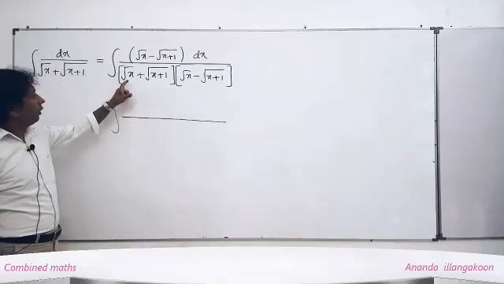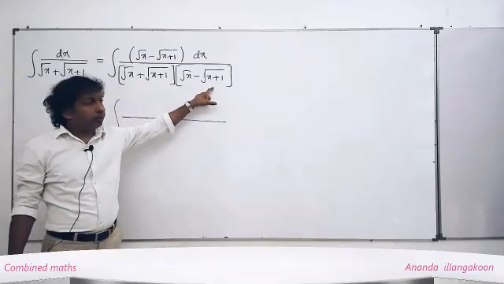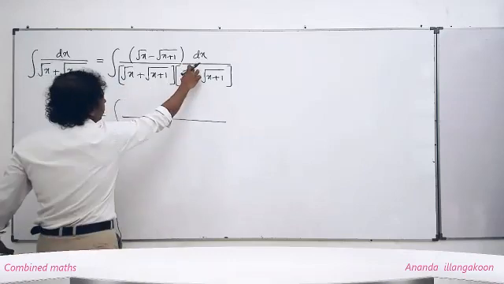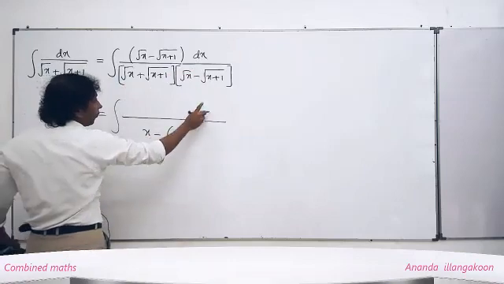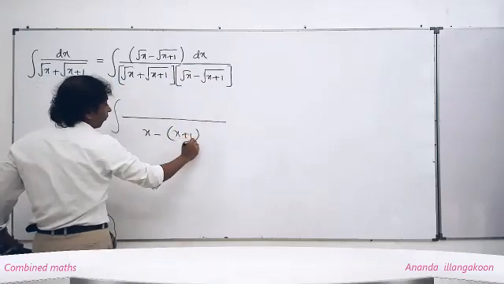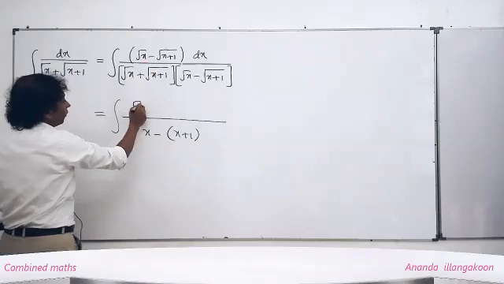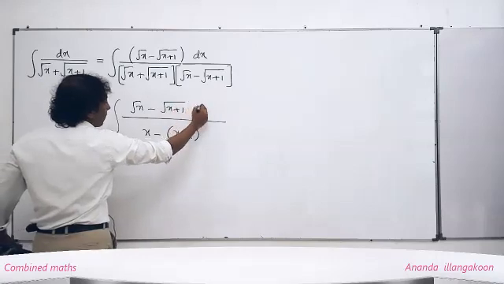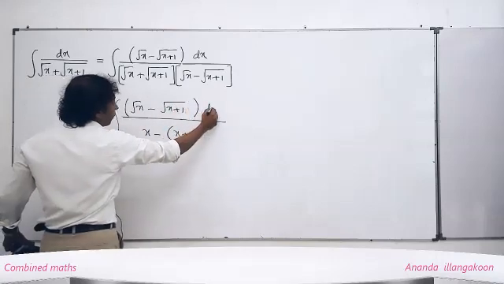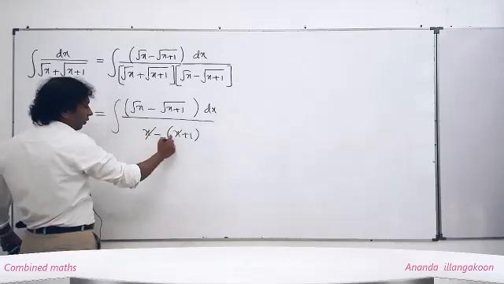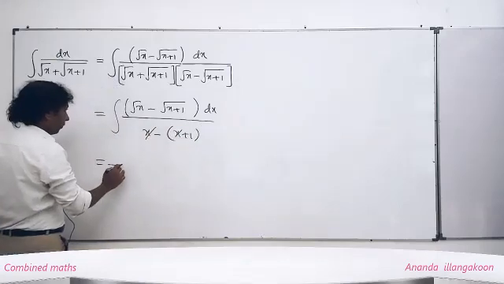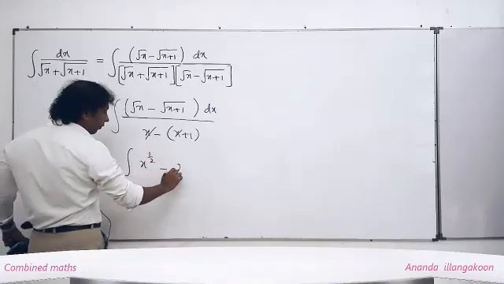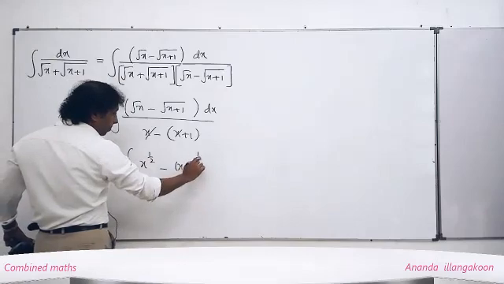And now this is a plus b into a minus b. Then that one you can write as a squared minus b squared. When you square this one, the root will eliminate. And here we have root x minus root x plus 1, dx. Here you can cancel this and this, we get minus 1. That minus sign we can write like this. Root x equals x to the power half, minus x plus 1 to the power half.